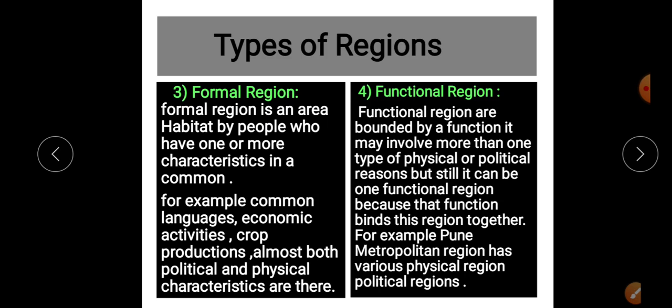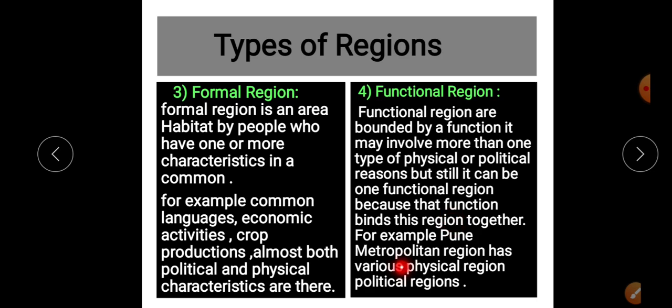So we can say regions are bounded by a function. It may involve more than one type of physical or political regions, but still it can be a functional region because that function binds this region together. So the function is important which binds that region together.